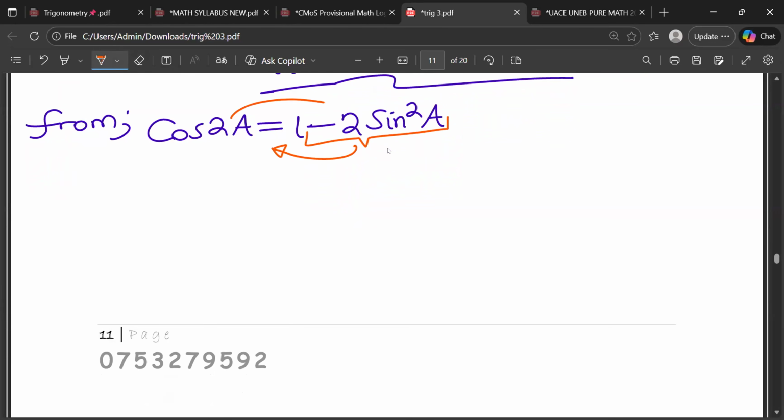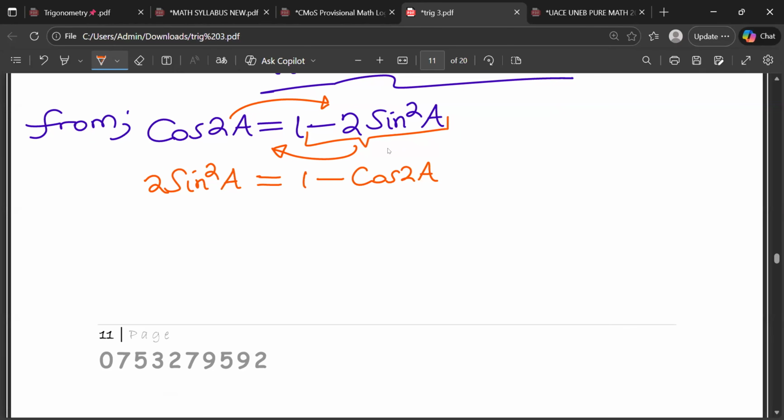Then I bring this one to this side. So I'll have my 2 sine squared A. You see that? Then I'll have 1 minus cos 2A. Do you see that?